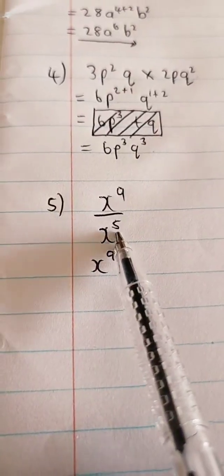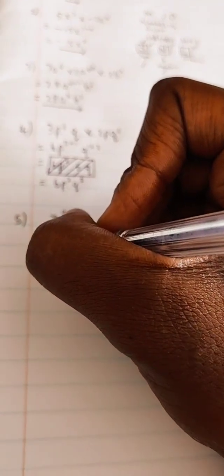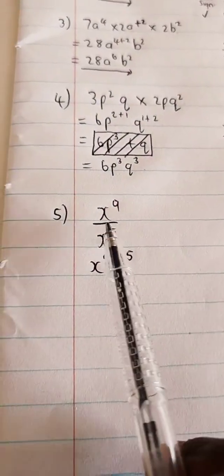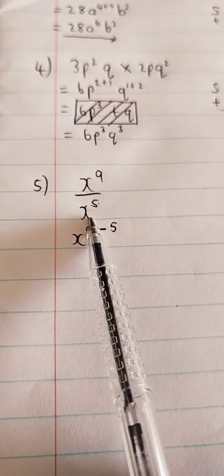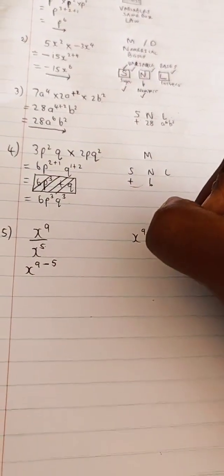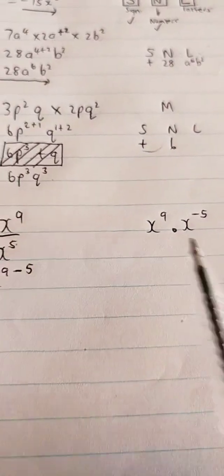X to the power 5 changes position from the denominator to the numerator, and what happens to the sign of the exponent 5? It changes from positive to negative because this x to the power 5 changed position. If I rewrite this, I could write it as x to the power 9 times x to the power negative 5.